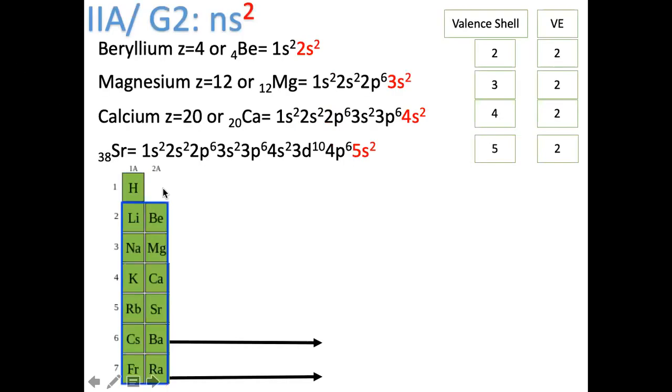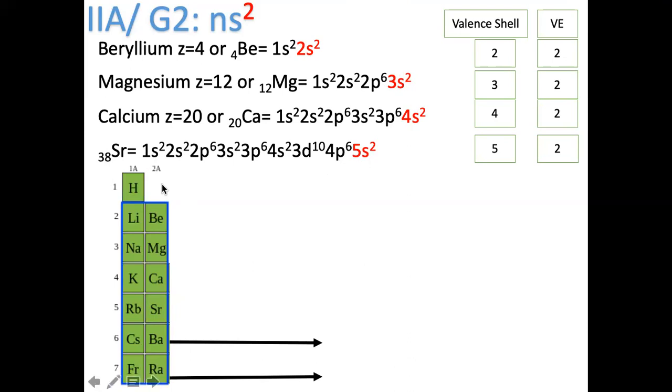Next, let's go now with group 2A. And look carefully at the pattern for the 2A or group 2 or Ns2. If beryllium's atomic number is 4, so if you do the electronic configuration, it's going to end up in 2s2. Same with magnesium, 3s2, 4s2, and for strontium, which is 38 in atomic number, it's going to have an ending of 5s2.